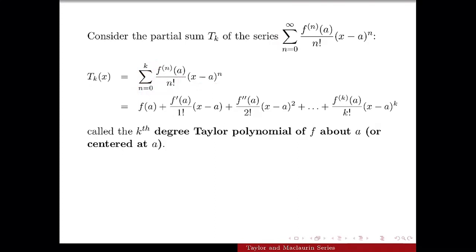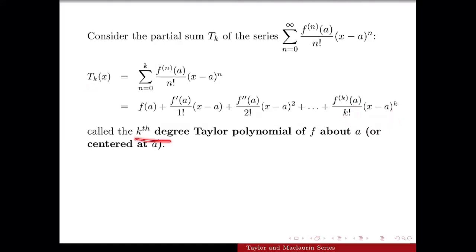So you'll just have f of a plus f prime of a over 1 factorial times x minus a plus f double prime of a over 2 factorial times x minus a squared, etc., until this term only: the kth derivative of f at a over k factorial times x minus a to the k. So the highest power is just that subscript.